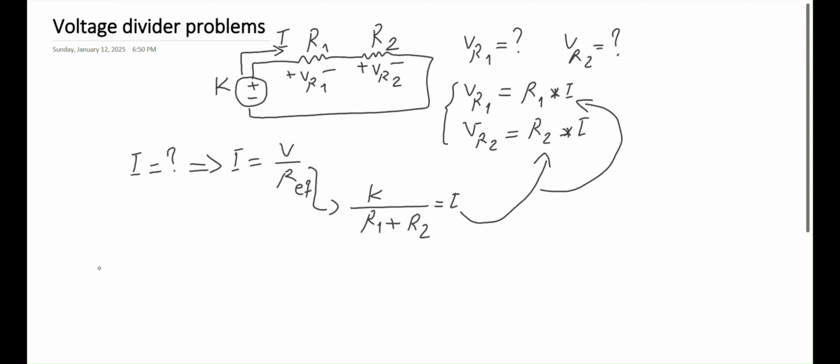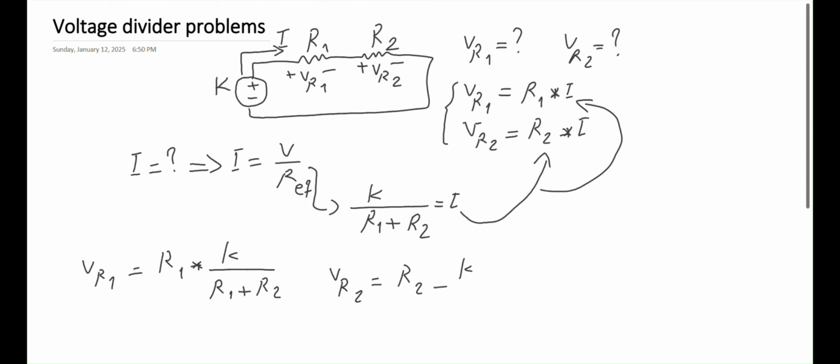formulas. As a result, we have VR1 equals R1 times I, which is K over R1 plus R2. On the other hand, VR2 equals R2 times current, which is K over R1 plus R2. Have a look at these two.